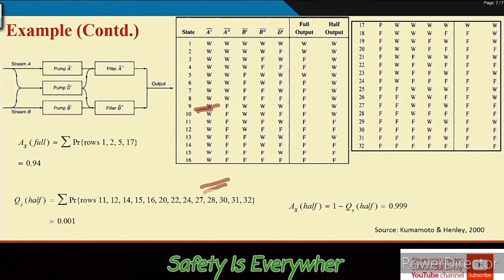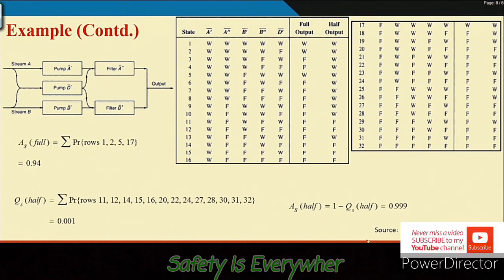Then come to the third one. The third one is a different one. Here it is not a series system or parallel system or a combination of series and parallel. It is a bridge network.